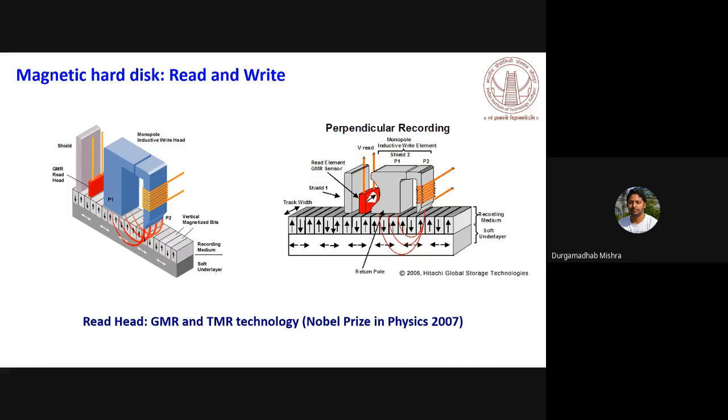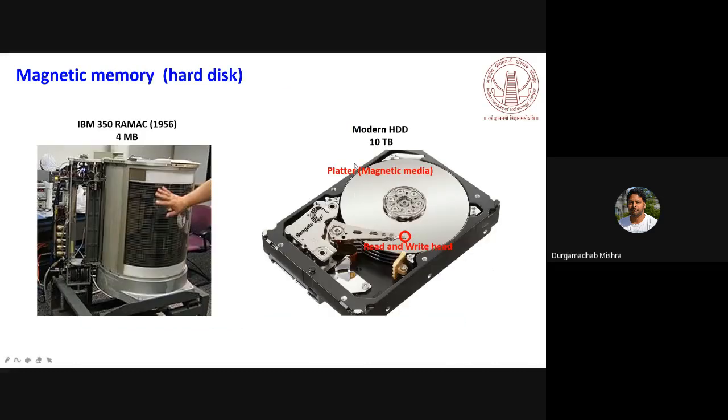Nanomaterials or nanotechnology helped the most in terms of improving these magnetic hard disks. As shown in the previous pictures, in 1956 these were all massive hard disks that could store only a very small amount of data.